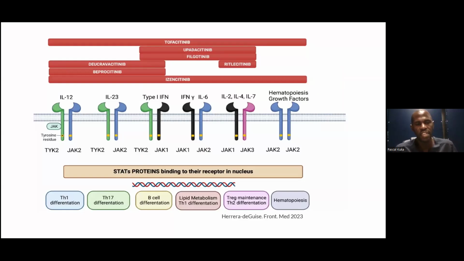So there are different kinds of JAK receptors. There's JAK1, 2, 3, and TYK2. But they're all in different combinations in terms of how they are attached to the interleukins.